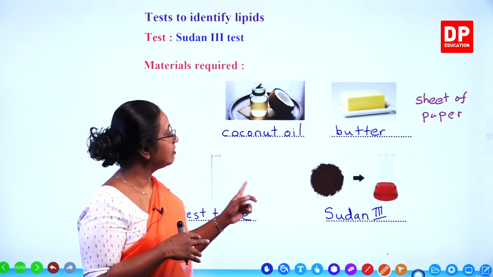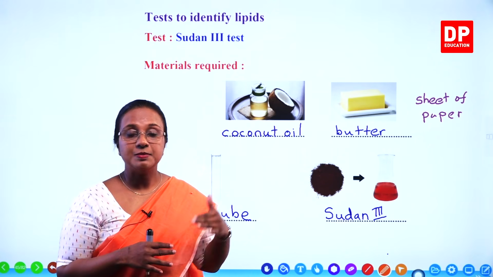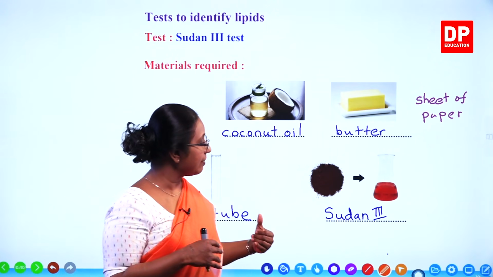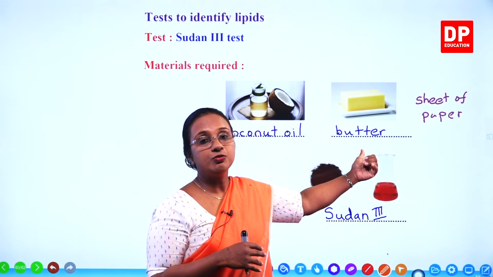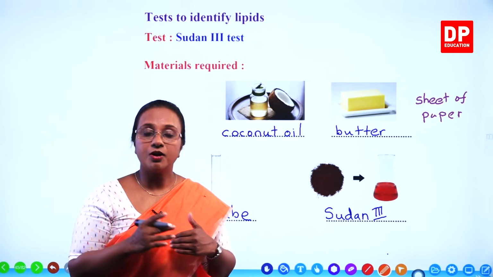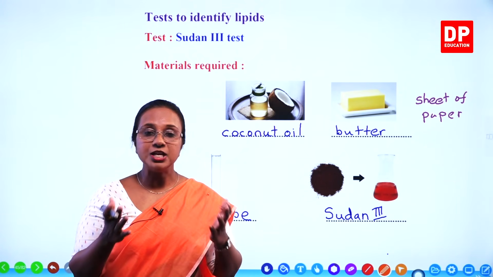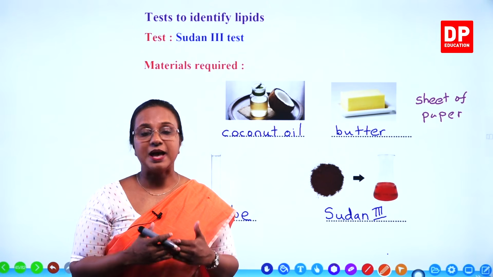But here that was the result of butter, which is a fat, because we cannot do the same activity with Sudan 3 reagent. We do this second type of activity, rubbing the butter on a sheet of paper, and when you observe, you will get a translucent patch.